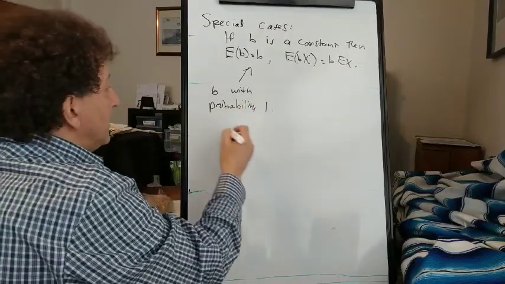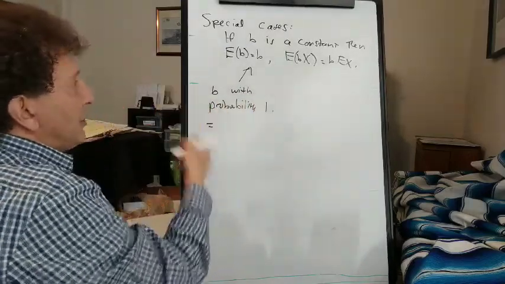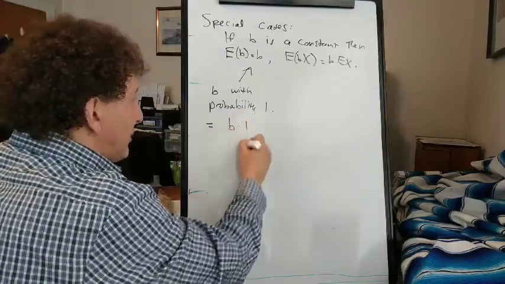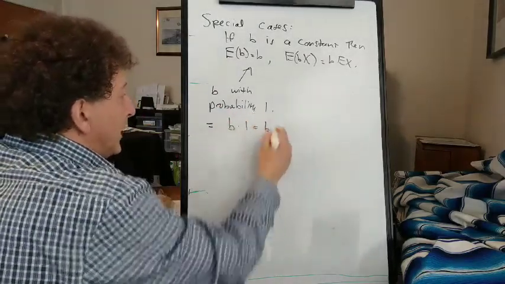So if we sum all possible values of b, which is b, times the probability, which is 1, we get b.